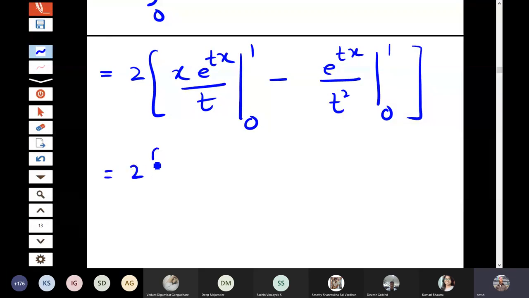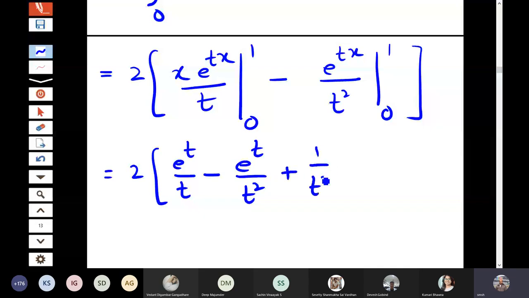So it is e to the power t by t, minus, when you put 0 it is gone, and here you get e to the power t by t square, and when you put 0 here you get 1 by t square. So this is the moment generating function of this one. Is that okay?